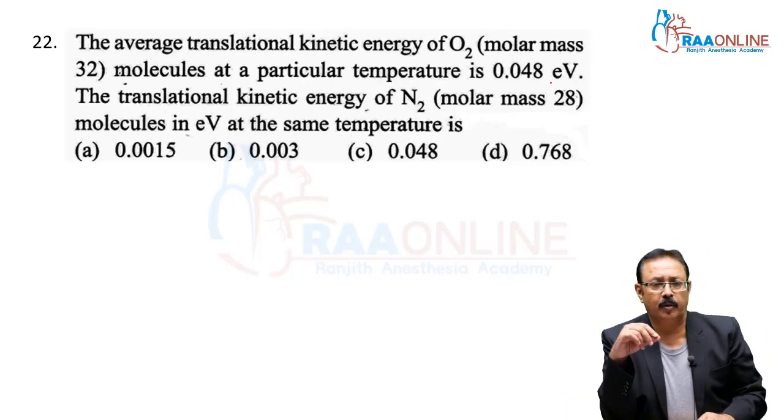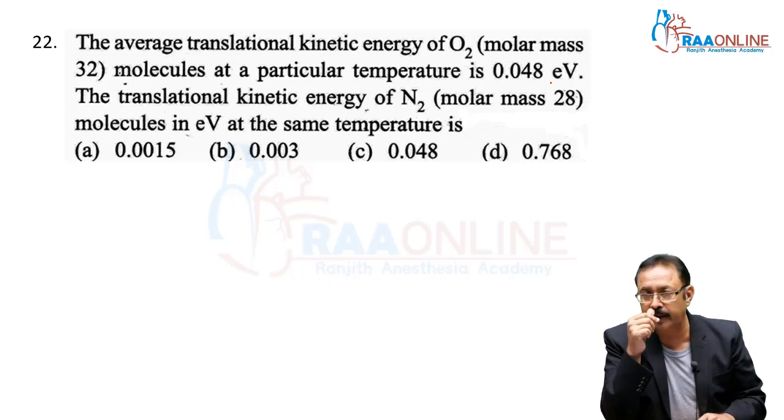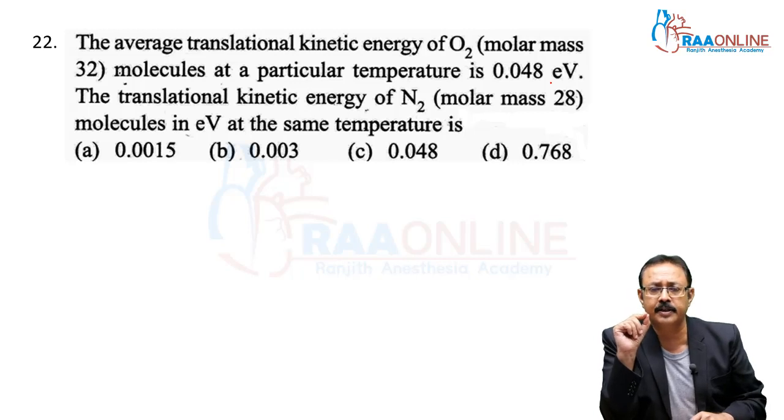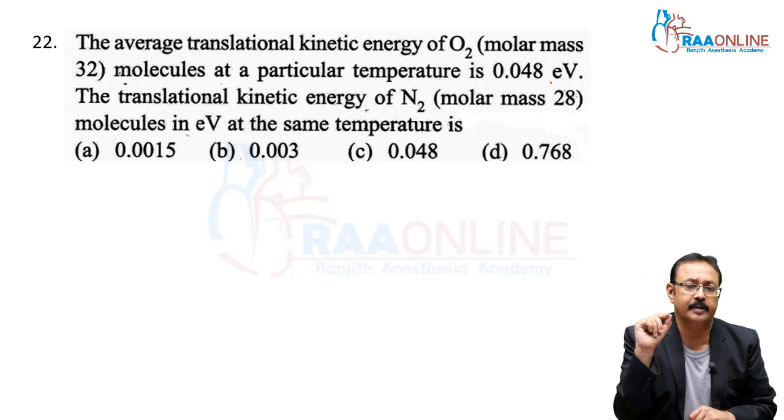Next, 22nd problem. The average translational kinetic energy of an oxygen molecule at a particular temperature is 0.048 electron volt. The translational kinetic energy of a nitrogen molecule, whose molar mass is 28, in eV at the same temperature is?